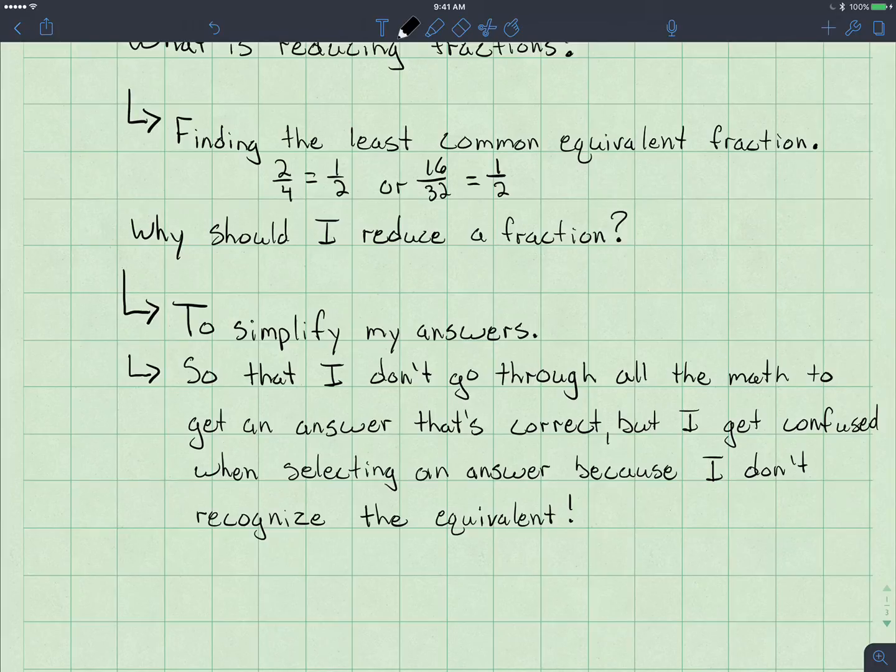So you don't want to go through all of that math to get an answer that's correct, but then get confused when selecting the answer because you don't recognize the equivalent fraction.